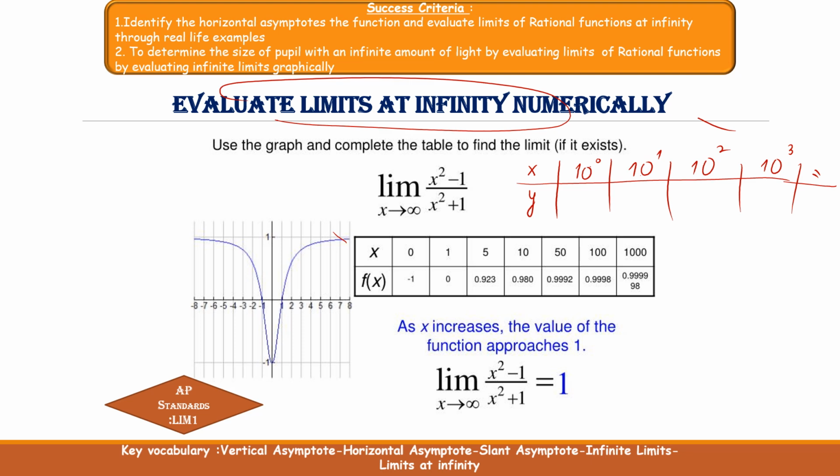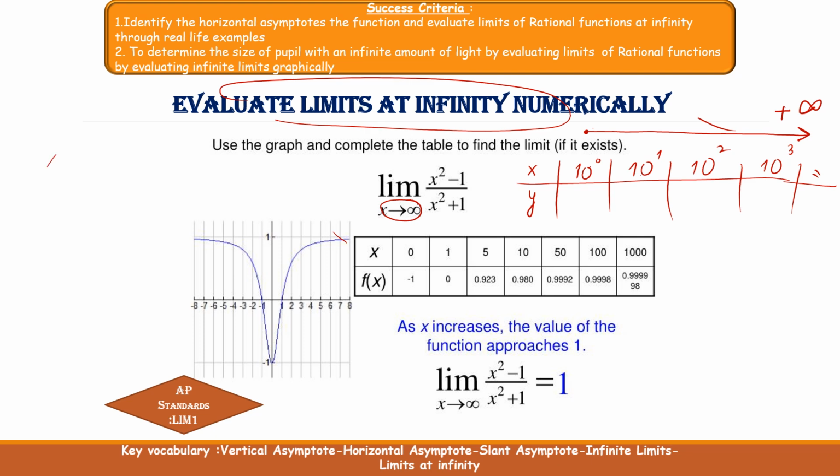Now, after writing the x values, why are we writing this kind of column when x is reaching towards positive infinity? You start from a small number and go towards the biggest number, positive infinity.